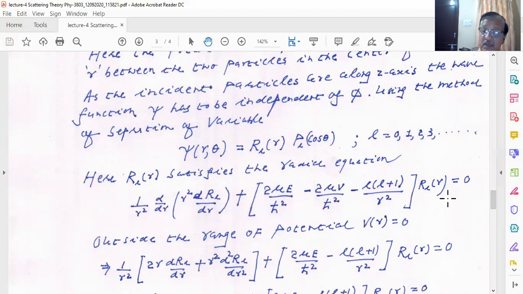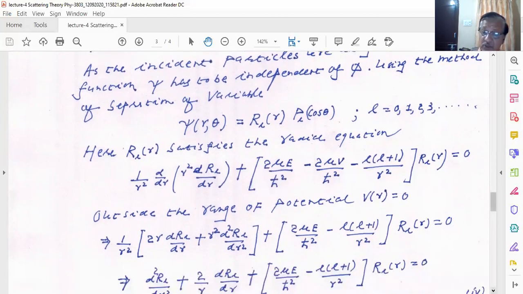You see, when V(r) is equal to 0, we have solved this equation. Now, when V(r) is not equal to 0, we have to solve this equation, right? In the previous case, when the potential was 0, we have solved this equation. Now in this case, when you solve the Schrodinger equation with the central potential, the solutions are similar to the solution where the potential was 0.